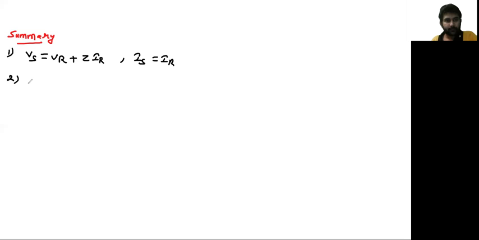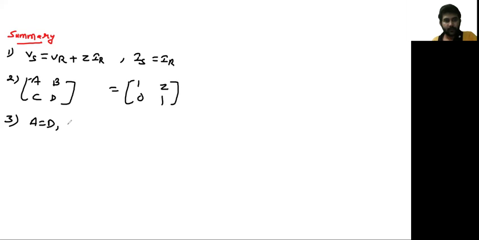We got the ABCD model of the short transmission line as 1, Z, 0, 1. We also got A equal to D, that is symmetric, and AD minus BC equal to 1, reciprocity.